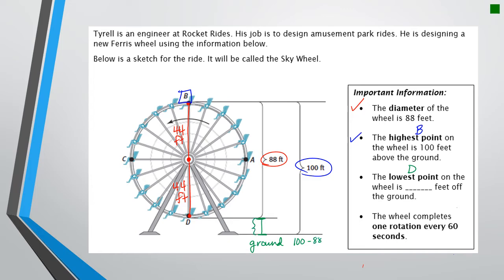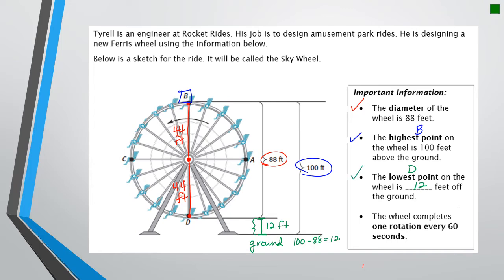So if I take 100 and I subtract 88, it gives me 12. So that tells me that the distance from the ground to the Ferris wheel is 12 feet up. So that's telling you that point D is actually 12 feet off the ground.